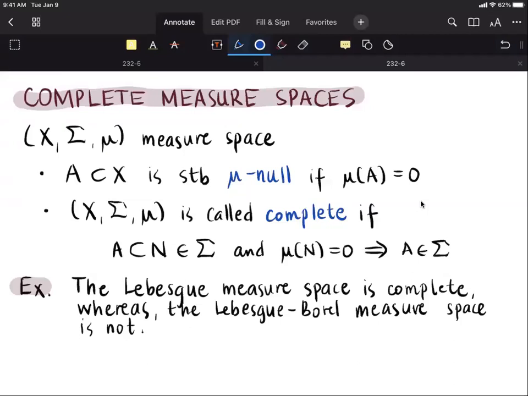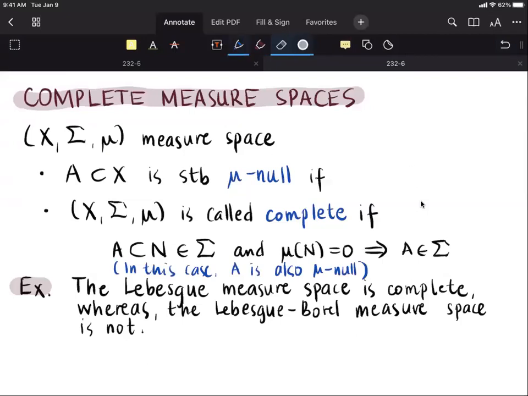And in particular, this implies that A is also mu null. I need to emphasize here, of course, that A must be in sigma so that we can apply mu.